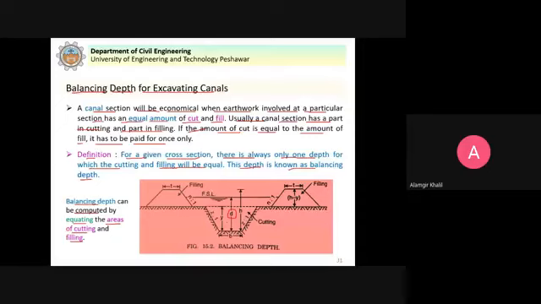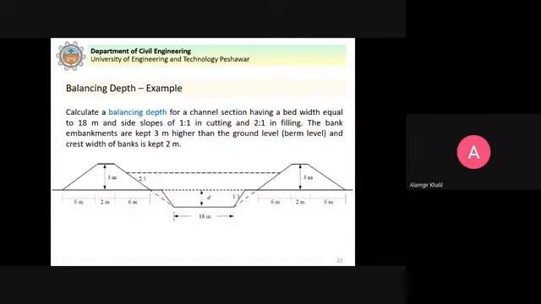And this is required from an economy point of view, because if we have an equal amount of cutting and filling, the material removed in cutting will be used for filling. So we do not have to dispose of any extra material from cutting, or bring additional material for filling.